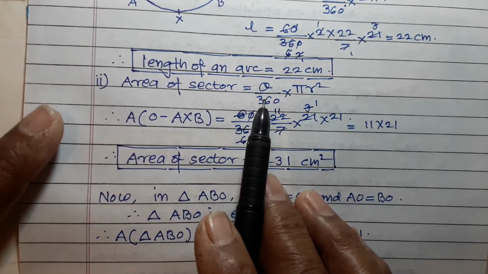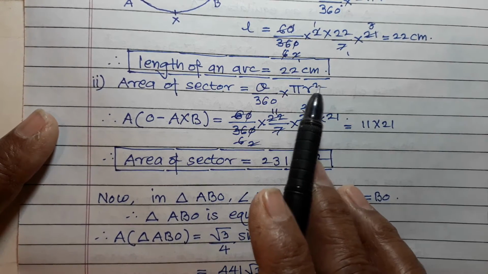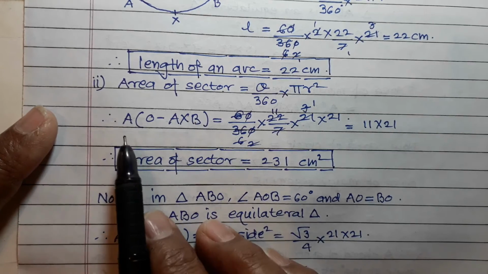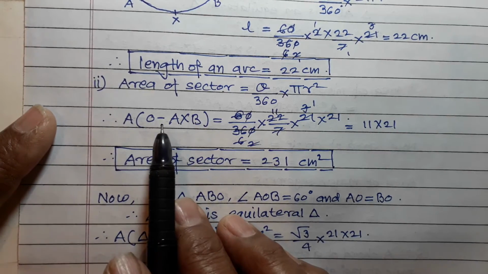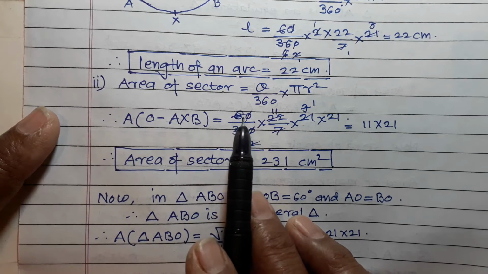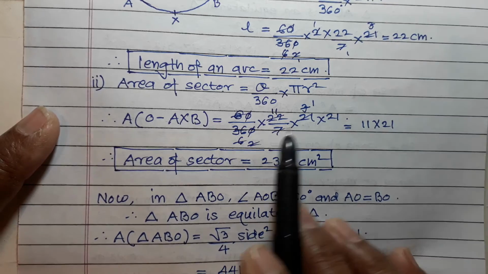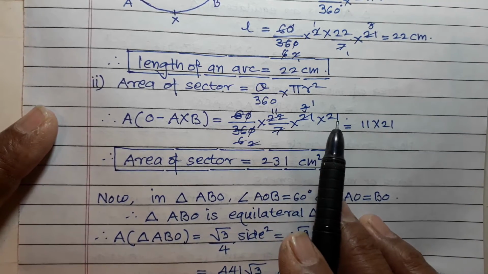Area of sector is equal to theta upon 360 into pi r square. So area of sector O-AXB is equal to 60 upon 360 into 22 upon 7 into 21 into 21.